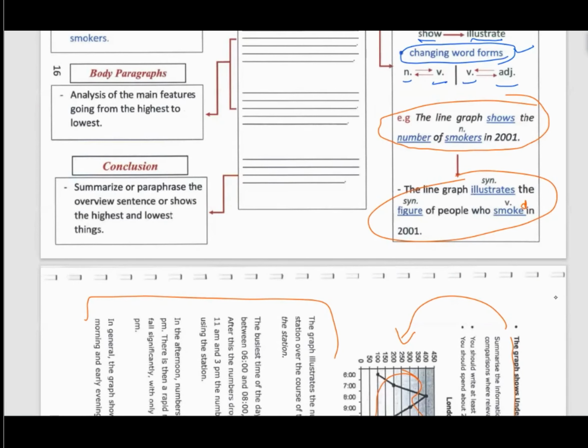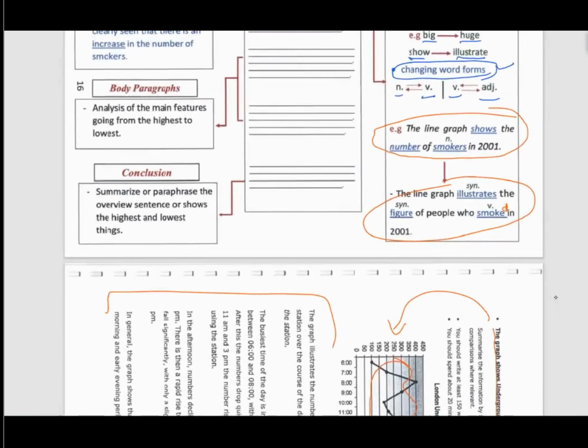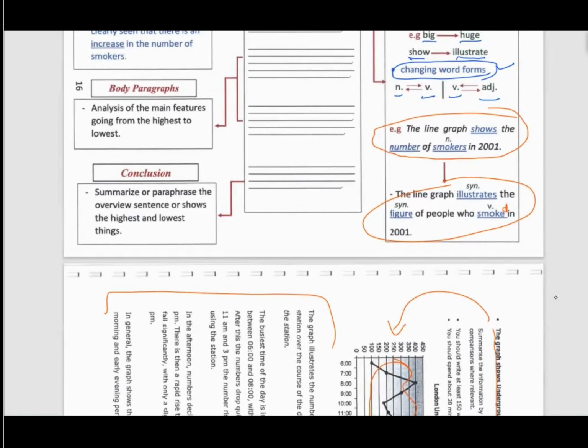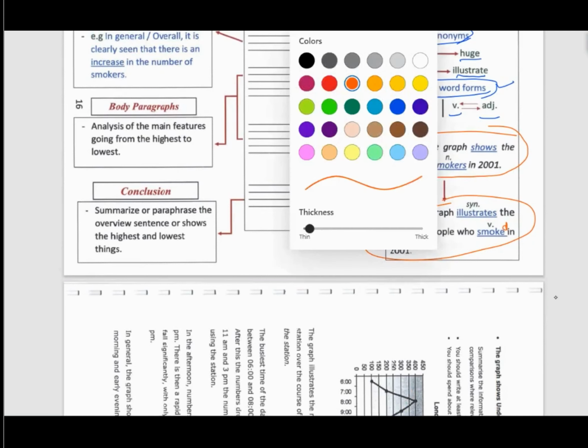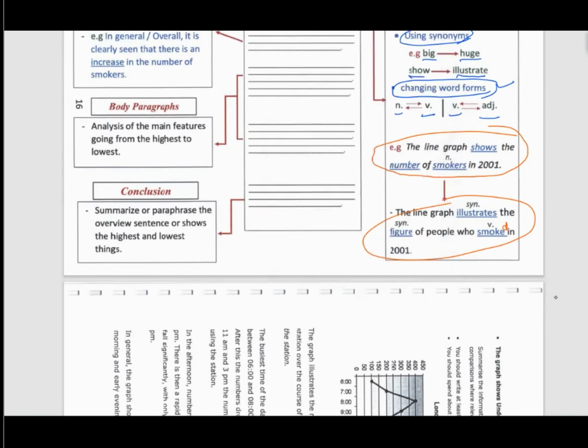It's a printing mistake or a typing mistake here. The line graph illustrates the figure of people who smoked in 2001. Look at the two sentences and see how the paraphrasing is done.